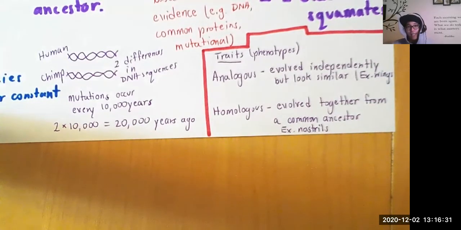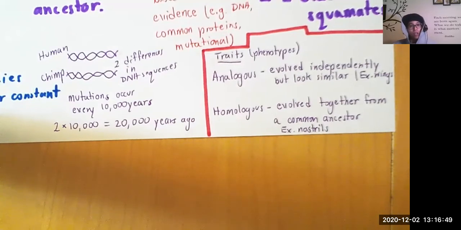When you look at a bat, like a vampire bat or something, it has wings. When you look at a bird, it also has wings. But the wings of a bat are different from the wings of a bird. They are analogous, but not homologous.